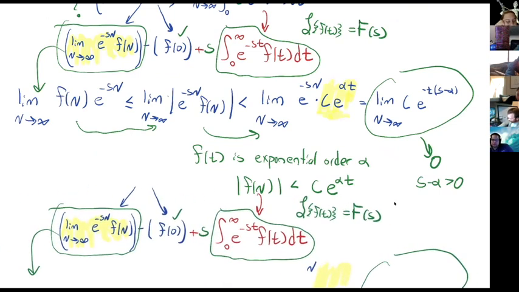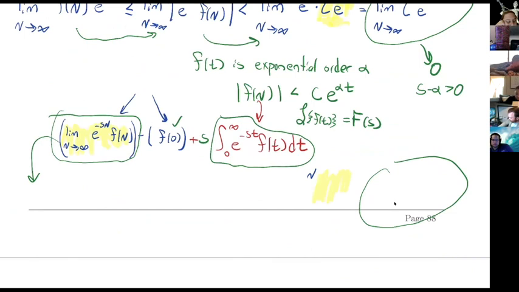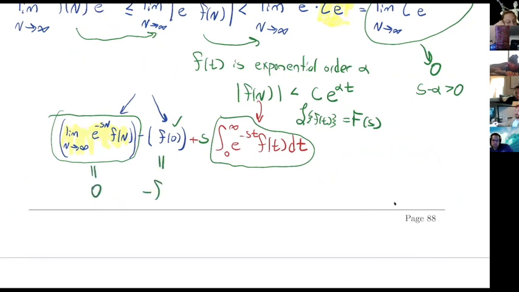So to regroup all of that stuff down here, that one goes to 0. That gives me an s of 0, and this one over here was, by definition, the Laplace transform of lowercase f.